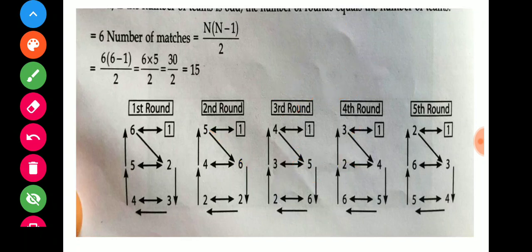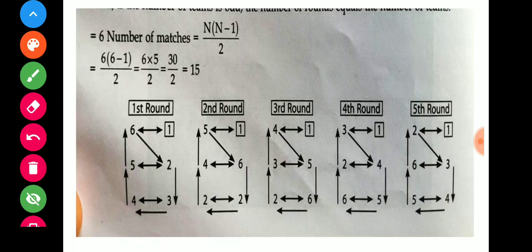Clear? Again 1, then 5, then 6. Do we have 7? No, we do not have 7, so we will not write 7 here. The number of teams is 6 only. So here we will write 2 because 1 is already written. Then 2, 3, then 4. So this would be our third round.